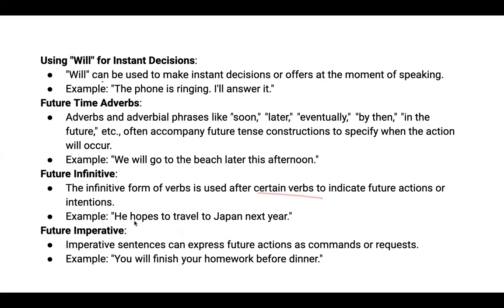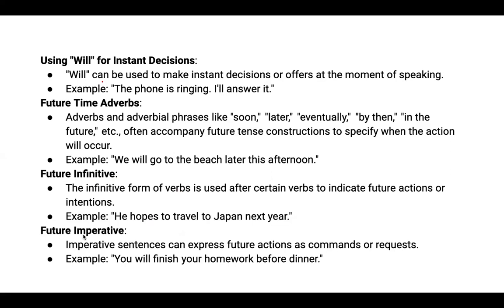So hopes is a simple present, but at the same time, it is also indicating a kind of future intention, future action or future intention to travel to Japan next year. So you can consider that a simple present is also used for the future action.